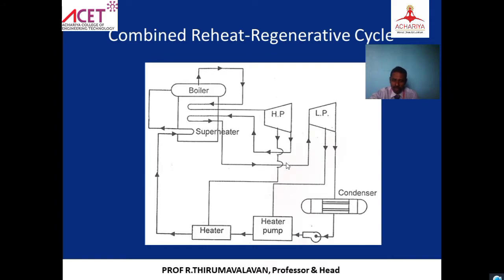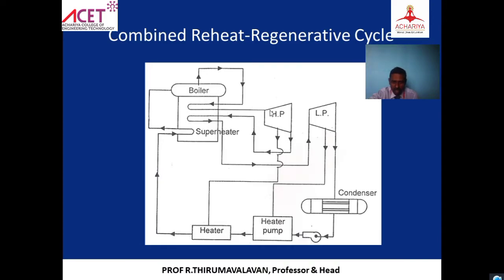Again in the low pressure turbine we are taking some part of the steam for reheating as well as regeneration cycle, right? From the pump the water was pumped, and it is coming to the boiler. The steam is converted into a superheated steam. The superheated steam is going to the high pressure turbine.